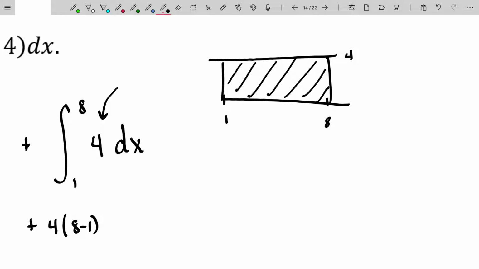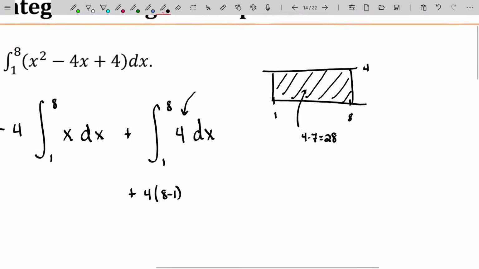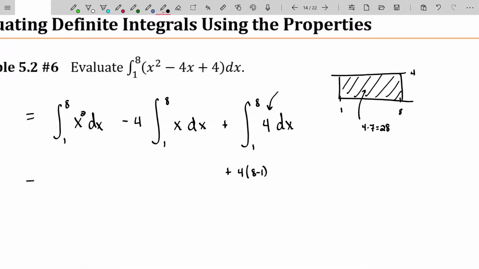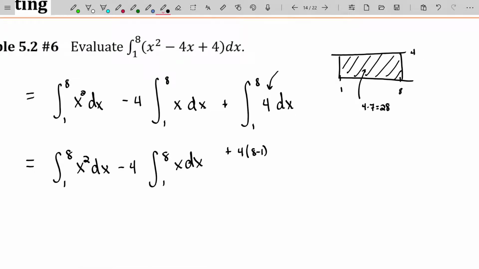So that's the area of this block. That will speed up our computations quite a bit here. We have the integral from 1 to 8 of x squared dx minus 4 times the integral from 1 to 8 of x dx. And then we have that plus 28 on the back end. I'll go ahead and write plus 28 right now.